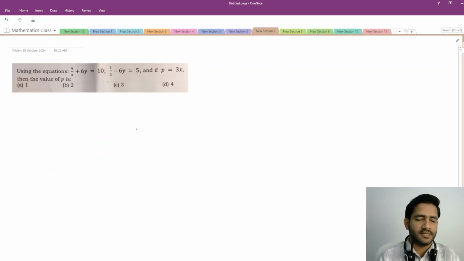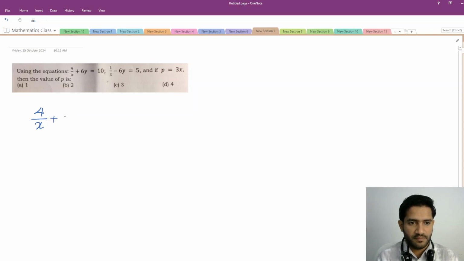Next question. Using the equations 4 by x plus 6y equal to 10, 1 by x minus 6y equal to 5. Okay, so we have two equations. First one, 4 by x plus 6y equal to 10. The second equation, 1 by x minus 6y equal to 5.